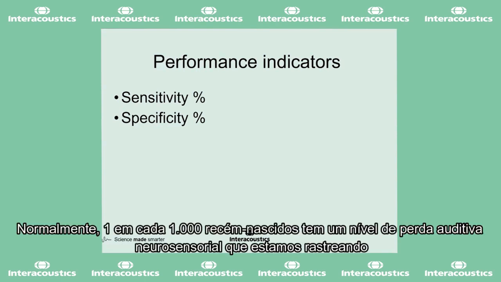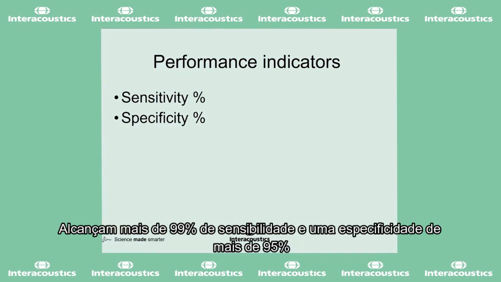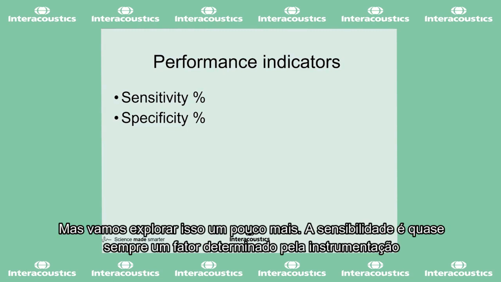Typically 1 in 1,000 neonates have a level of sensory neural hearing loss that we are screening for. So ideally, we would like an instrument that was 100% sensitive, 100% specific. But many instruments achieve over 99% sensitivity and a specificity of more like 95%. But let's explore this a little further.